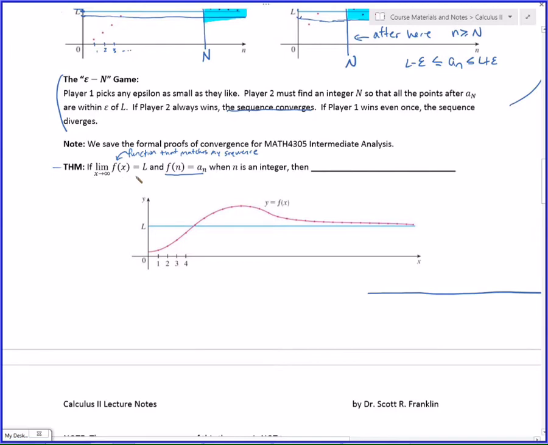So if my function goes to L, then my sequence is also going to go to L. I will write this as limit as n goes to infinity of a sub n equals L. Problems?